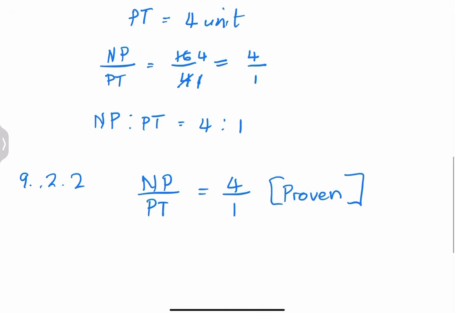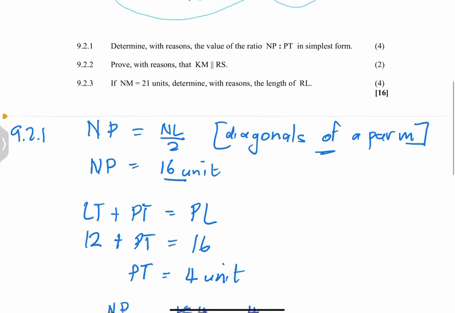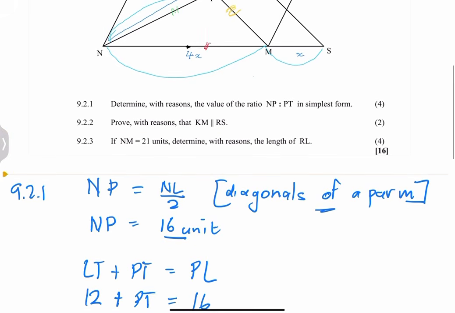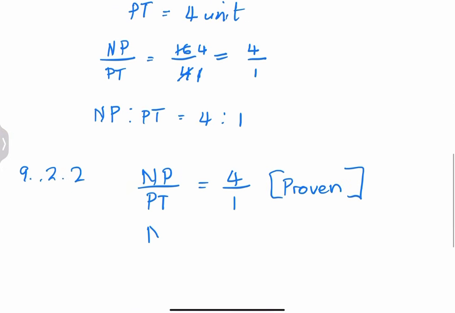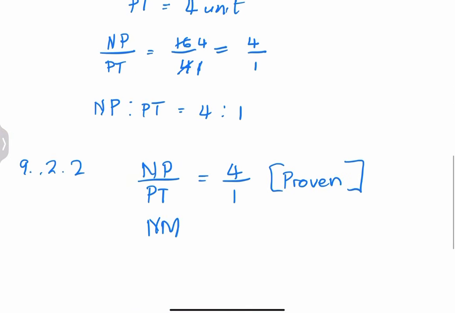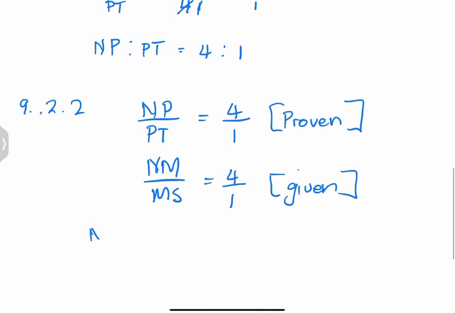But we also know that we were given NM over MS, which is also 4:1. That was given, right? And so what does it mean? It means that NP over PT is equal to NM over MS.